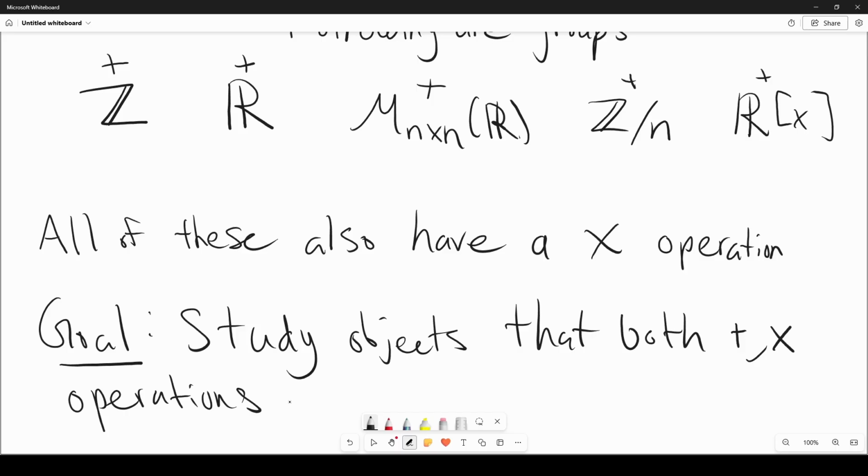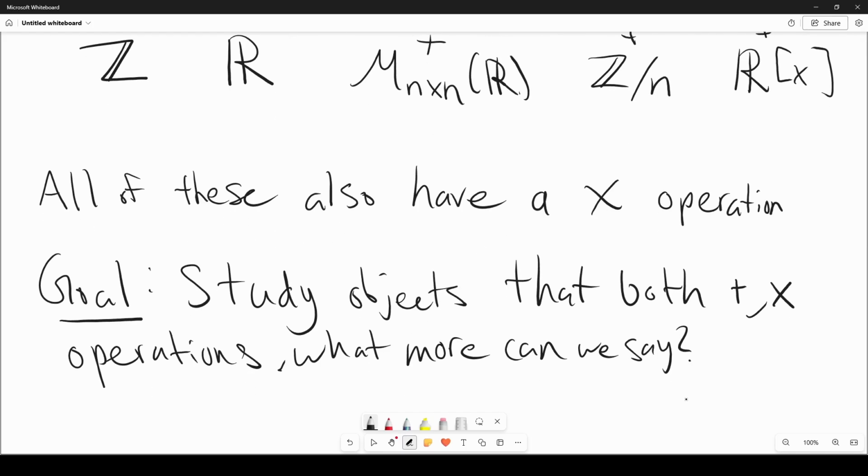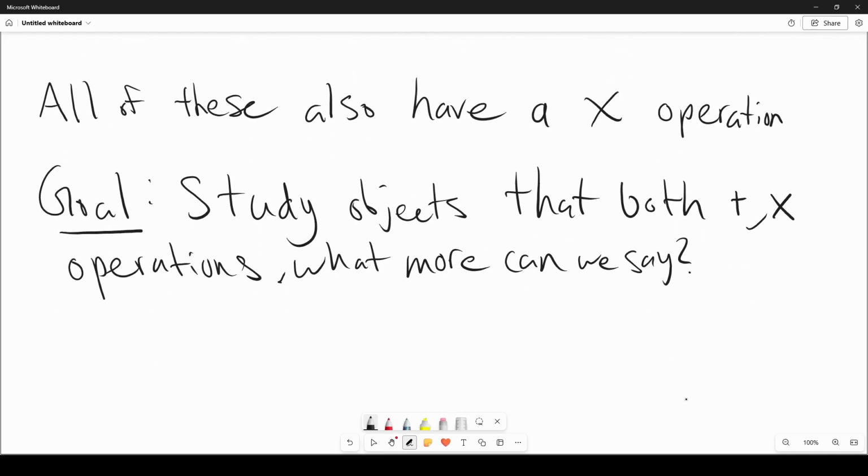And our basic question is, what more can we say about them outside of just being groups? So we already have all of group theory, and we're adding on this extra assumption of having this times operation. And our goal is to say, well, what added structure do we get?